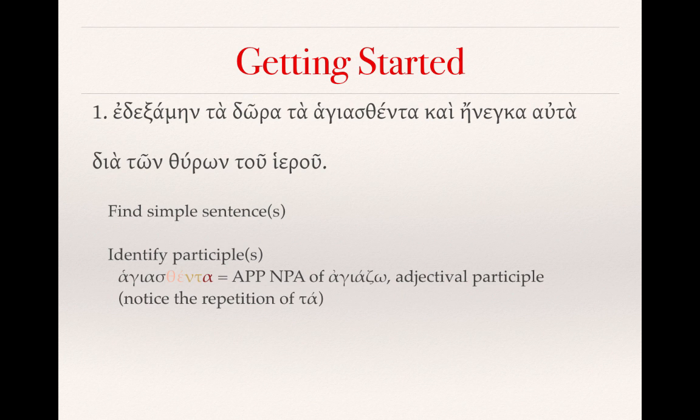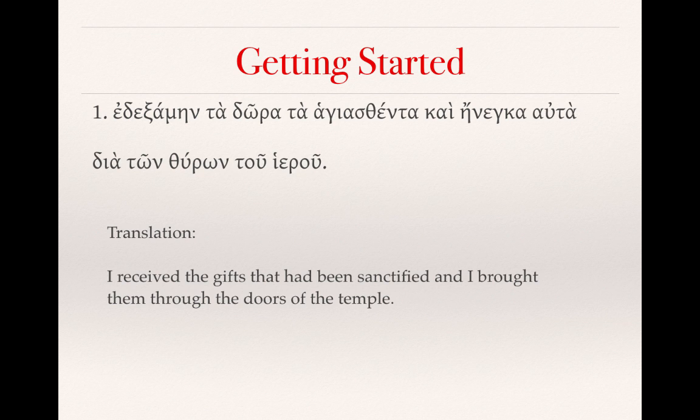So somehow ta hagiasthenta is modifying ta dora, which is also neuter plural accusative and is the direct object of the verb edexamen. With that in mind, we can move towards a translation, which we would translate something like, I received the gifts that had been sanctified, and I brought them through the doors of the temple.